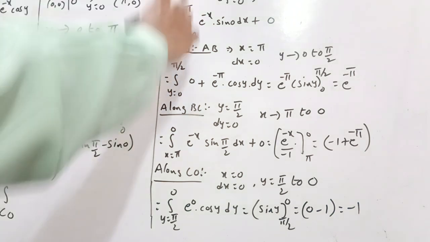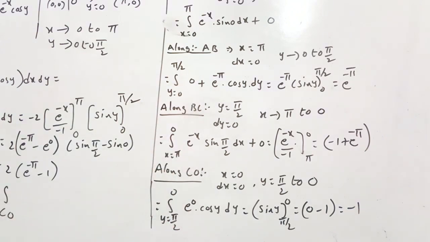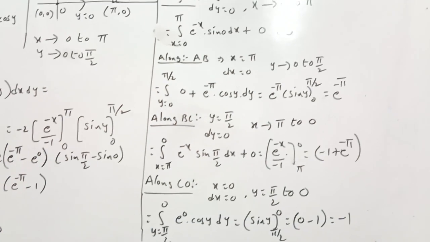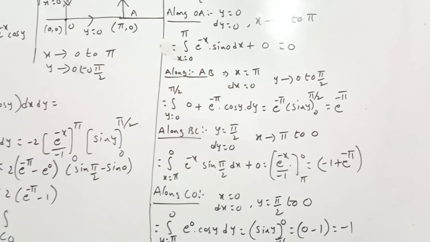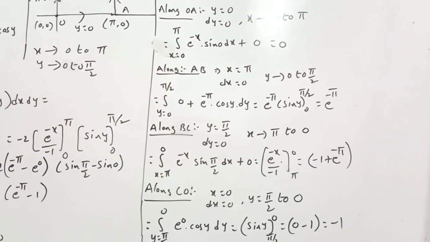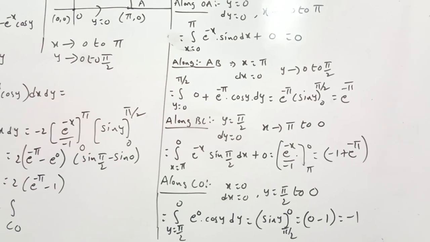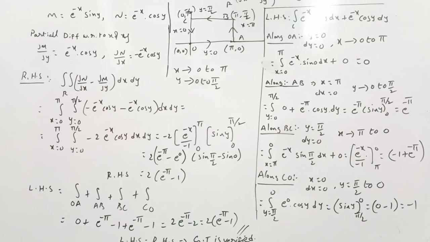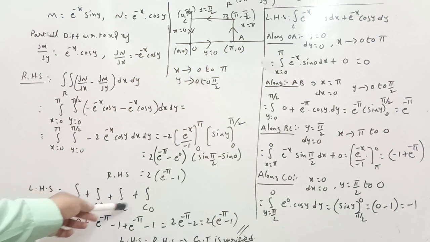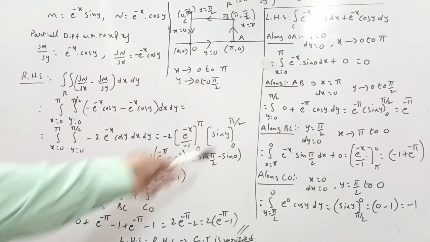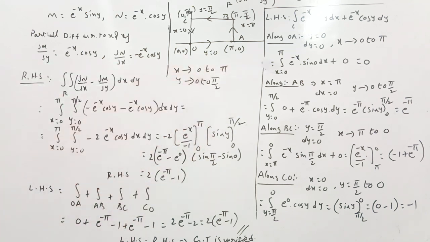Now, what we have to do? We have to add all these 4 cases: along OA, along AB, along BC, and along CO. So LHS is equal to integral OA plus integral AB plus integral BC plus integral CO. OA value is 0.